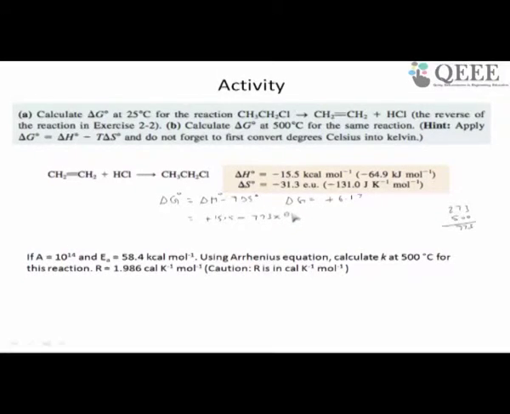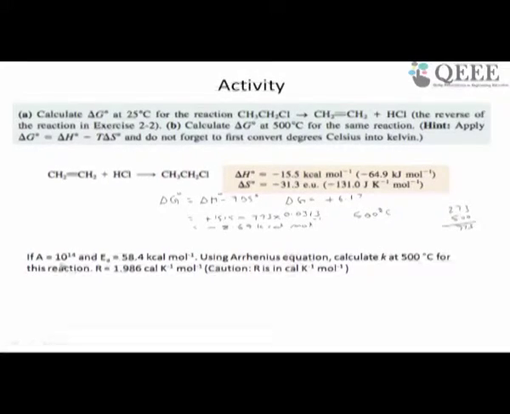If you divide by 1000, 0.0313, that gives minus 8.69 kilocalories per mole. So you can see here, even though this reaction is thermodynamically unfavorable, at high temperature, that is around 500 degrees Celsius, this reaction becomes favorable.